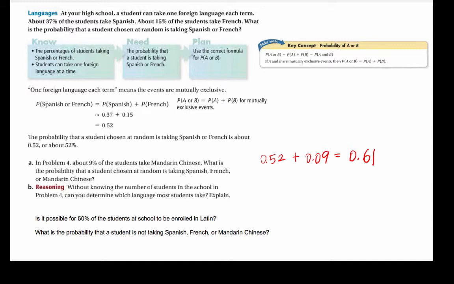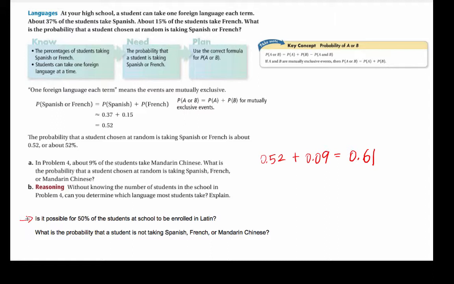All right, part B, without knowing the number of students in the school in problem 4, can you determine which language most students take? Well, the answer to that is yes. The percentage of students tells which language is chosen more by students. So whichever language has the highest percentage is going to tell us the language most students take. Another question here. Is it possible for 50% of the students at school to be enrolled in Latin?